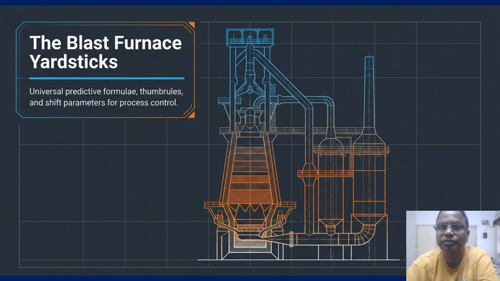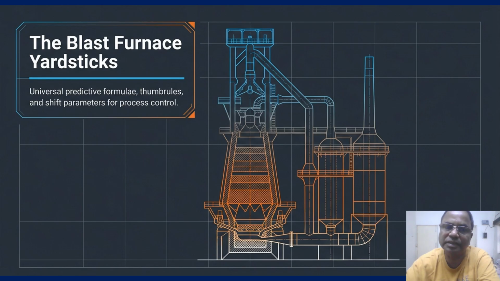coal injection. On the screen you see a master schematic of the furnace and its peripherals, glowing with the thermal gradient from the hearth to the top gas equipment. This is not just an illustration, it's a physical manifestation of the thermodynamics we are about to quantify.